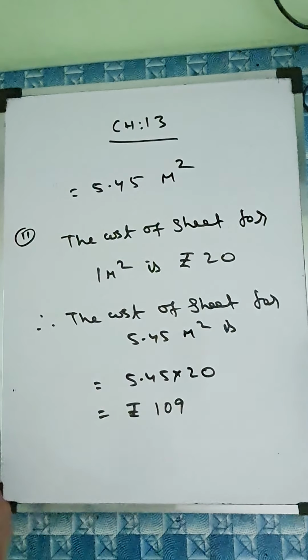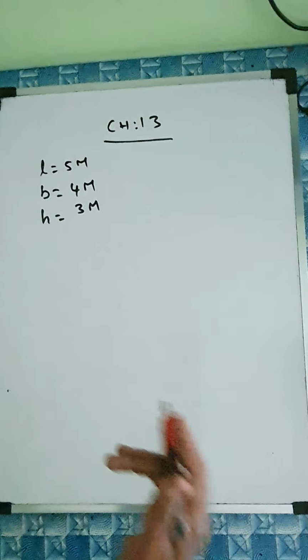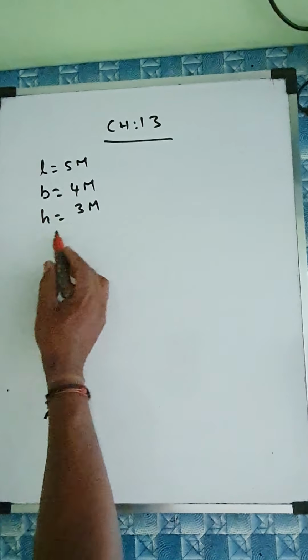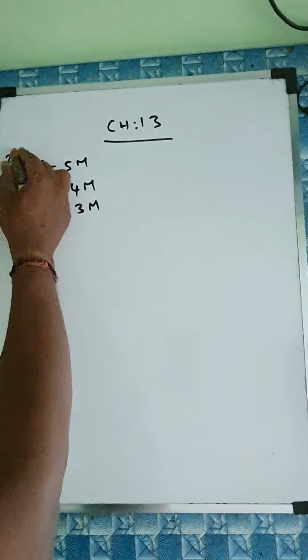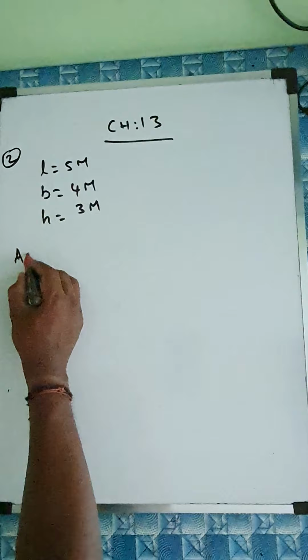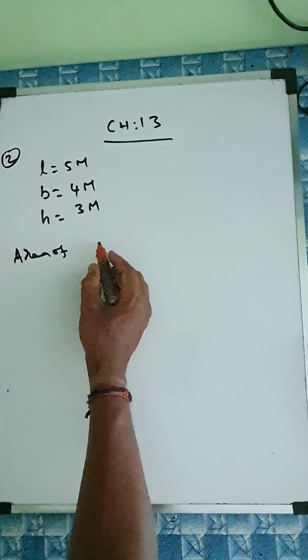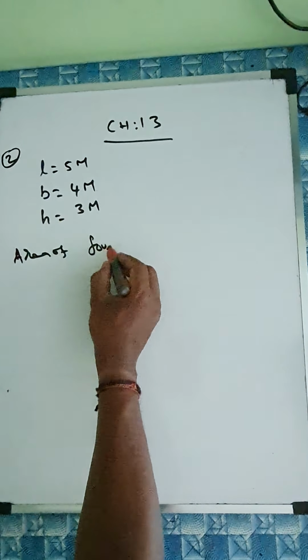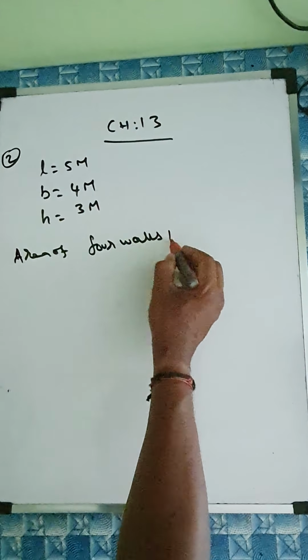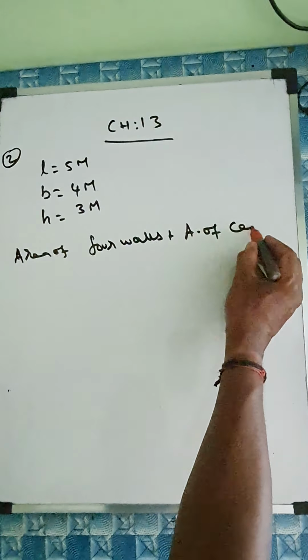So length is 5 meter, breadth is 4 meter, H is 3 meter. Okay, so area of 4 walls plus area of ceiling.